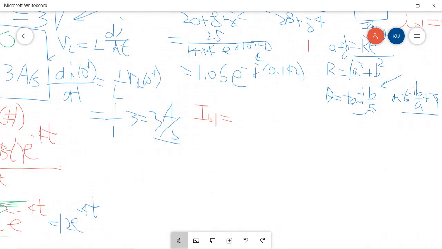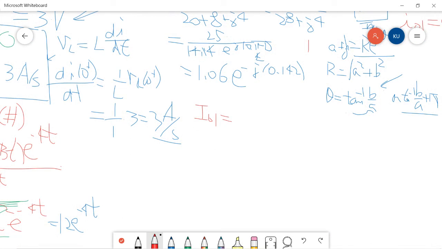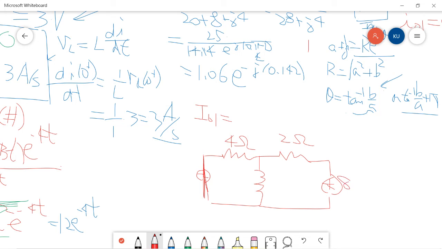In this case, it will be very simple because we switch off the left hand side voltage source, and this is 4 ohm, and the right hand side is 2 ohm, and then we have the inductor, and this one is 8 volts.